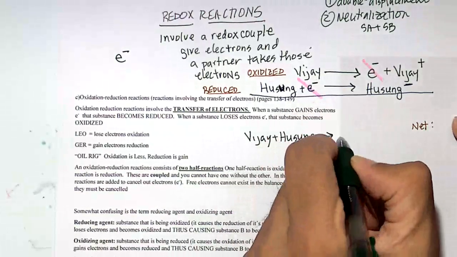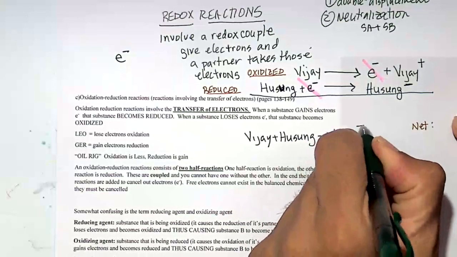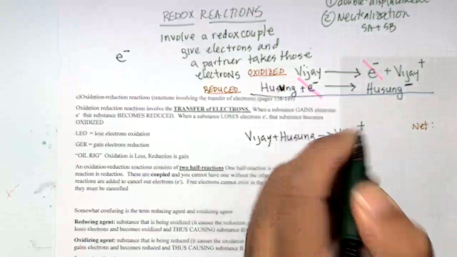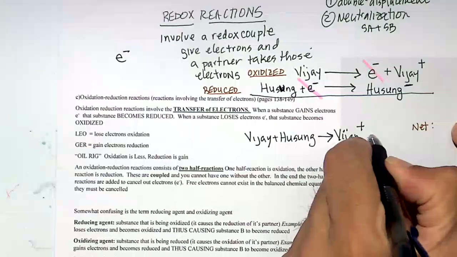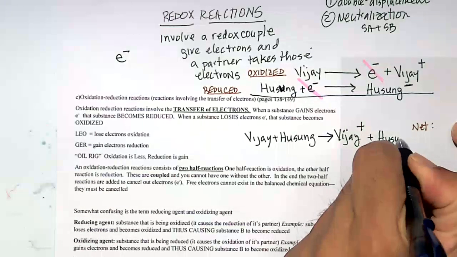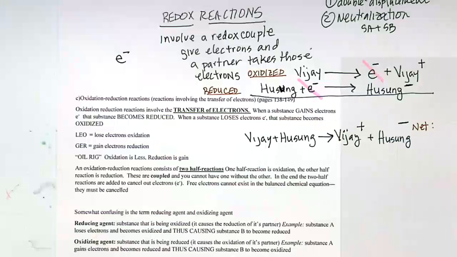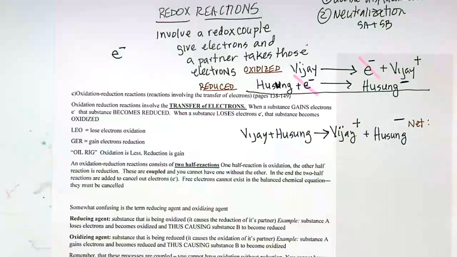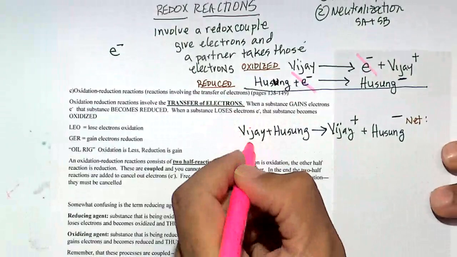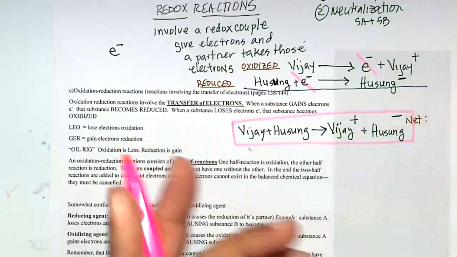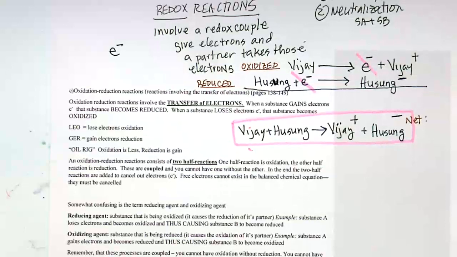Goes to VJ plus blue. This is our net oxidation reduction reaction. So all you have to do is replace this with actual chemicals, and you get an oxidation reduction reaction.